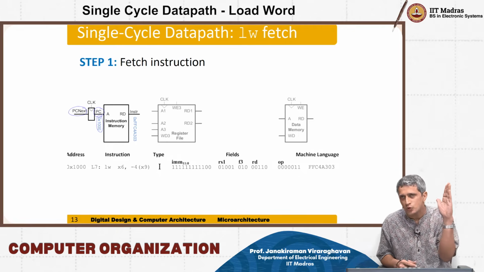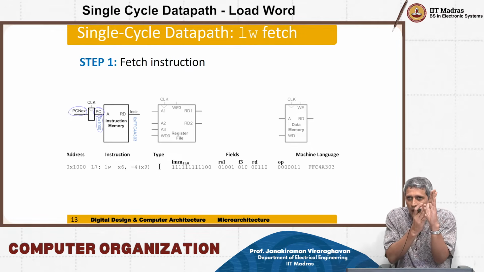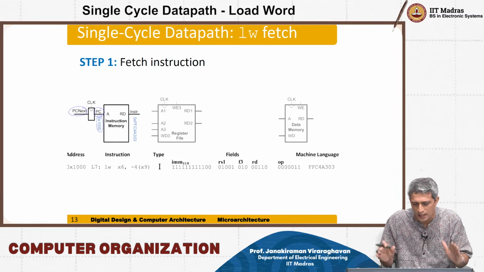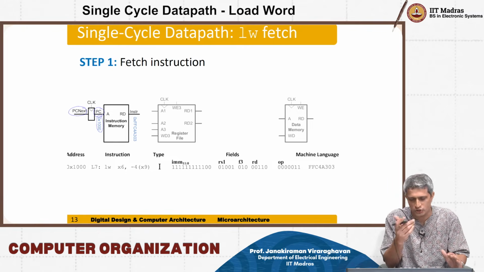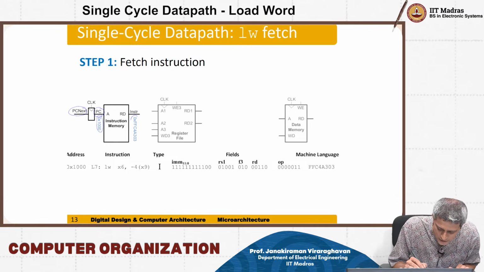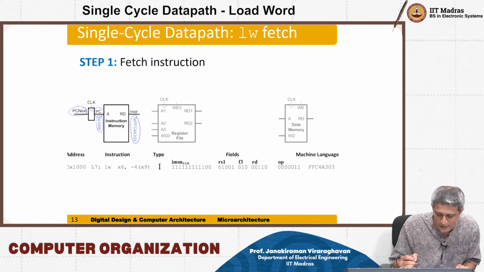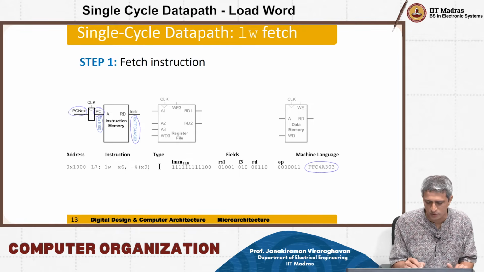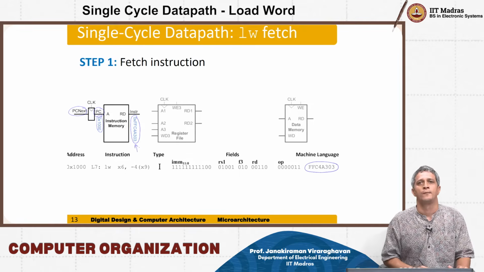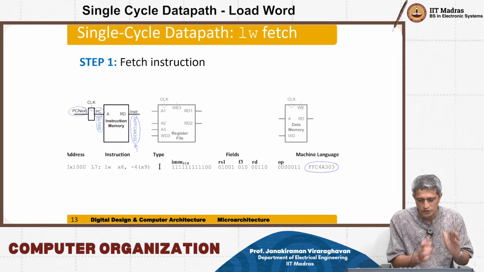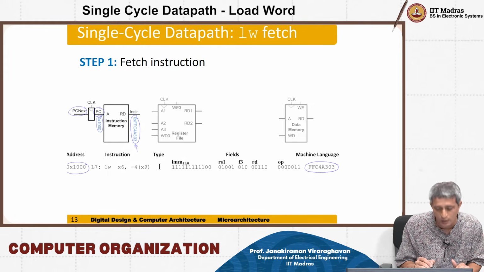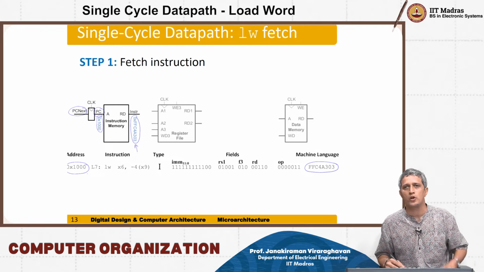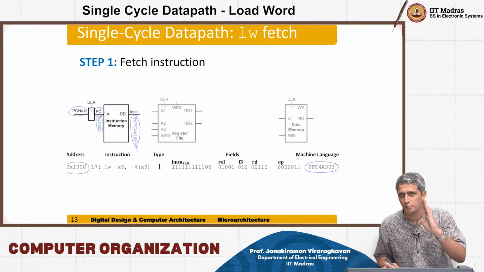That means as soon as that address is available, after a certain delay, whatever your memory delay is, it's going to fetch that instruction, and you're going to fetch this particular instruction 0xFF. You see this. This instruction is what is available out here on reading from that location 0x1000.